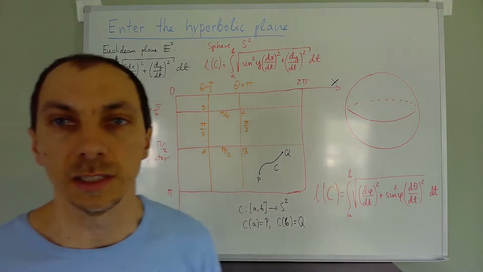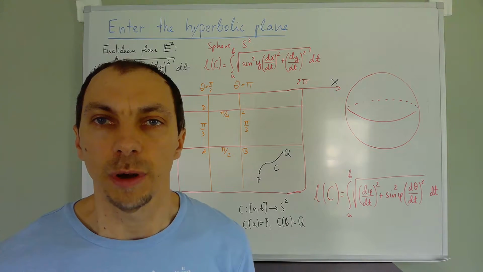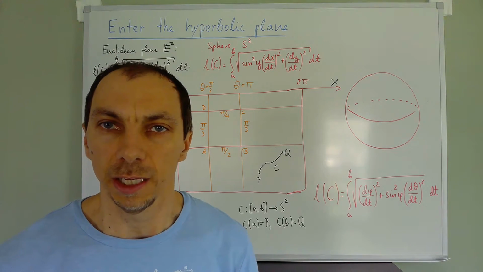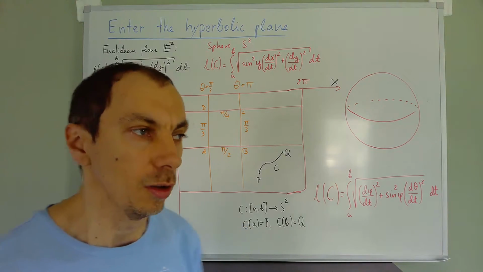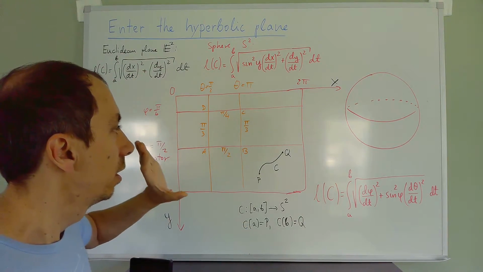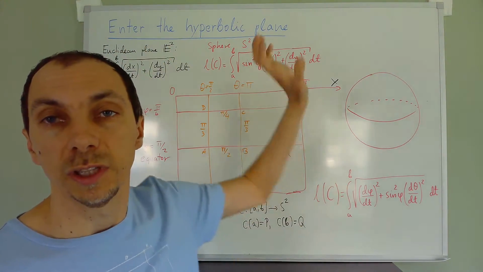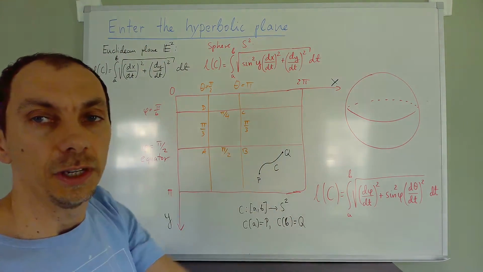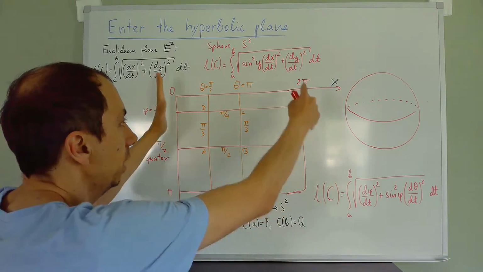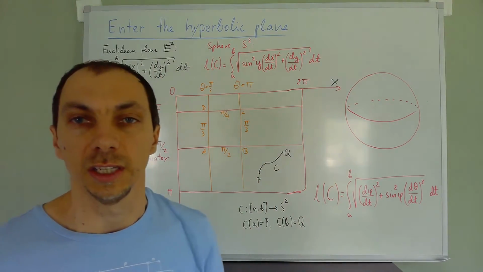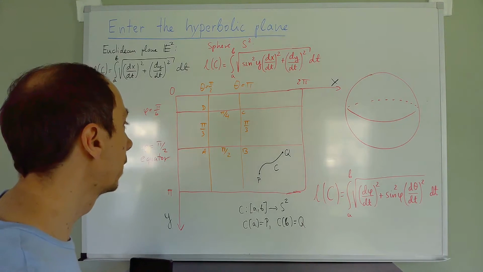Okay, so in this sense, you can now represent the sphere and the Euclidean plane on almost the same picture, as the Euclidean plane is the entire plane with this distance, this length of curves, and the sphere is that bit of a plane with this distance or length of curves.